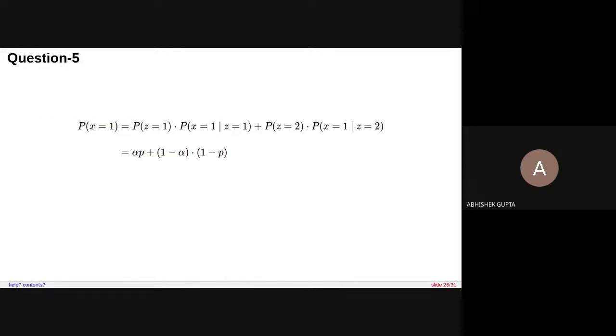If we correct it to 1 minus p to q, then p of x equal to 1 and p of x equal to 0, the summation should be 1, correct? We are calculating p x equal to 1. Similarly, we will calculate p x equal to 0, and the summation should be 1. Yeah.